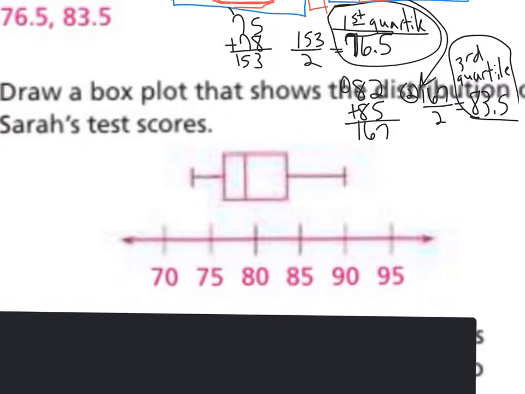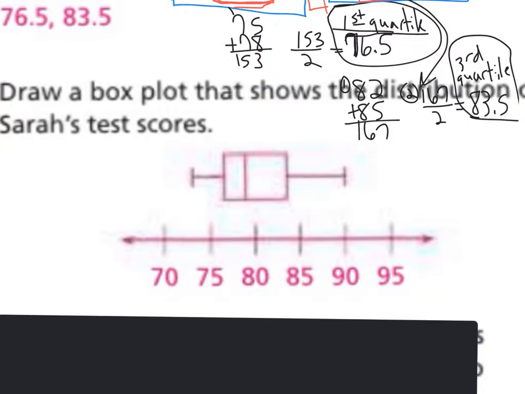The one thing you could do if you wanted to go by 5s is mark individual lines in between the 70 and 75, in between the 75 and 80, and so on. That would be like going by ones, but not having to write all the numbers of going by ones.